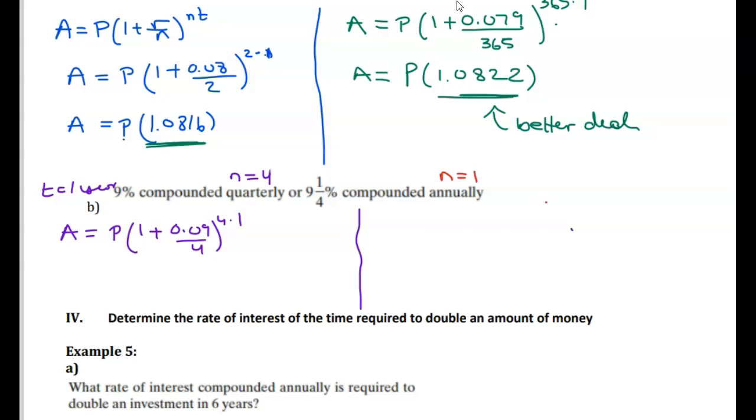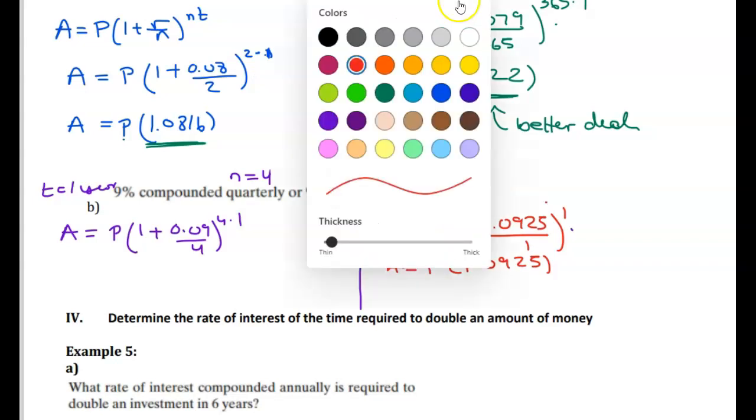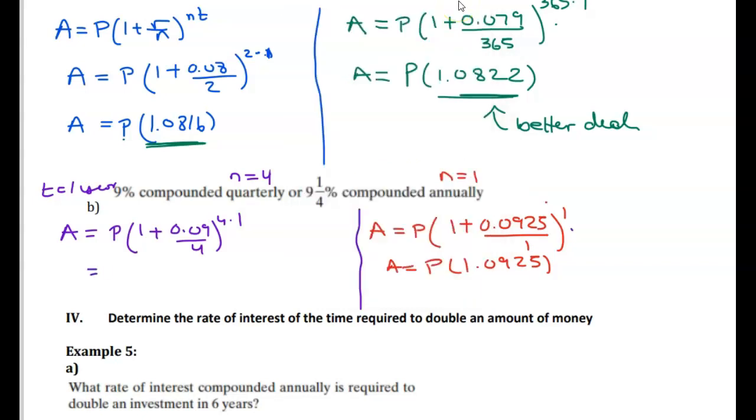So n is 1. So the amount is the principal times 1 plus 0.0925 over 1 to the power 1. Let's do this one first, and we don't need to do any calculations. 1.0925. So this gets multiplied by a factor of 1.0925. This one, we've got to plug it in.